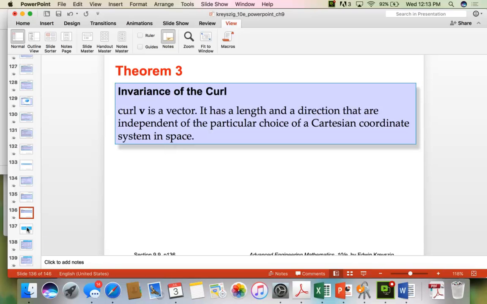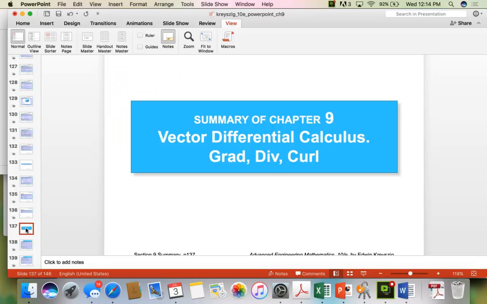You won't get the same number because the spherical and cylindrical coordinate systems have different unit vector approaches. But if you were to then calculate a magnitude and direction and do a transformation from that spherical coordinate system to a Cartesian coordinate system, you would get exactly the same thing for the curl. So it doesn't change, it might just look a little different.